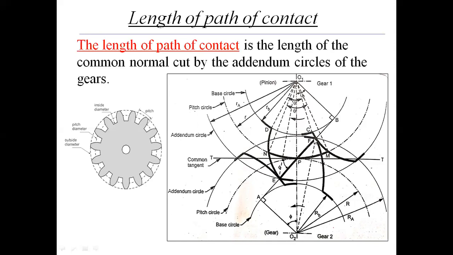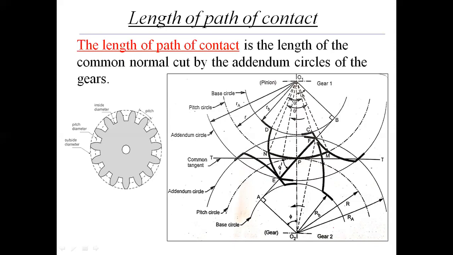So F is the point of engagement, and after some time both the same teeth will disengage, and E is the point of disengagement. Obviously F and E are the contact points for both the teeth profiles.